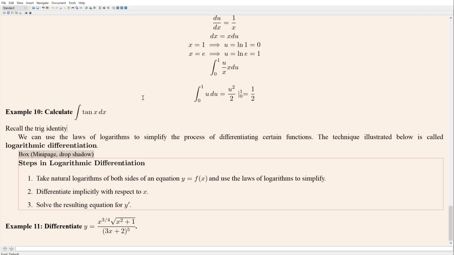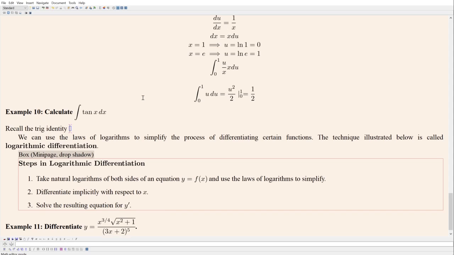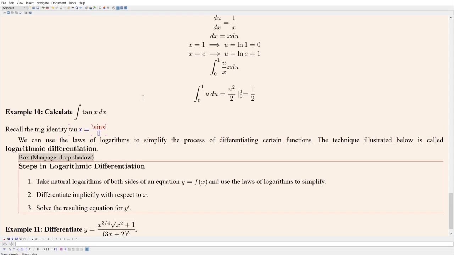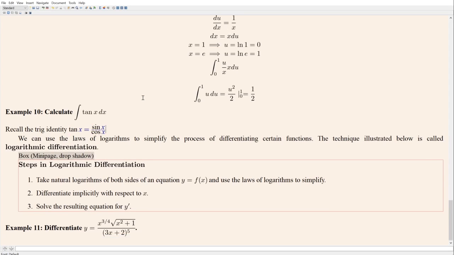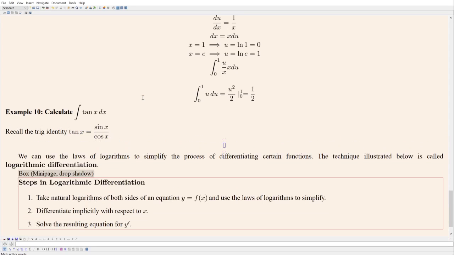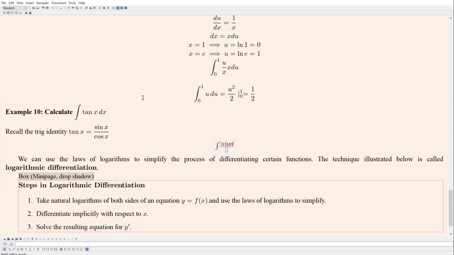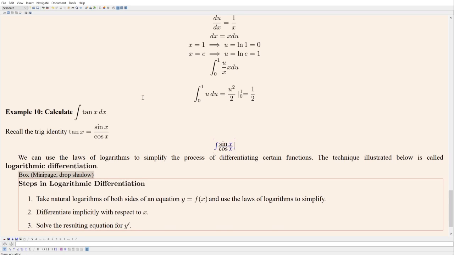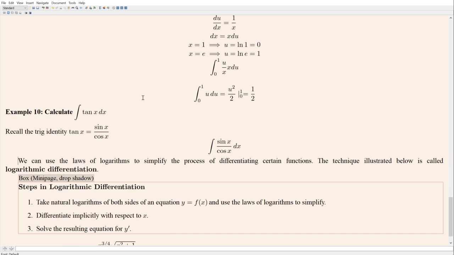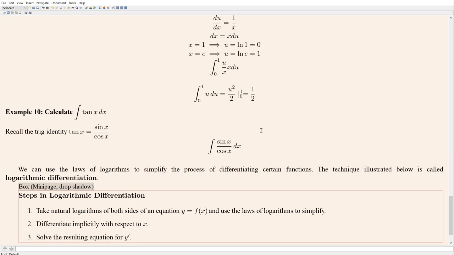So recall the trig identity that tangent of x is the same as sine over cosine. So that really what we have is integral sine x over cosine x. Now, why do I bring that up? Because now, maybe this is amenable to a u substitution.